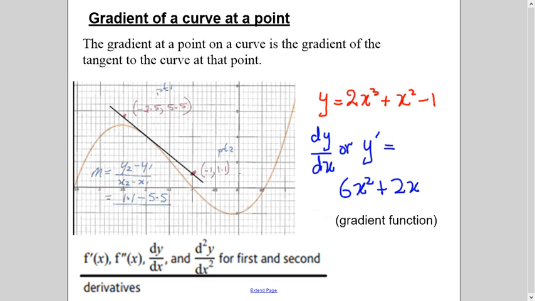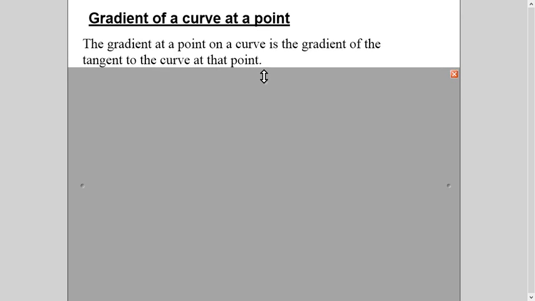Number one thing is that you need to understand the definition of the gradient of a curve at a point. The concept comes from 11 maths when you first do the tangents of the curve.